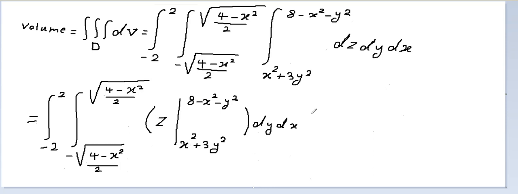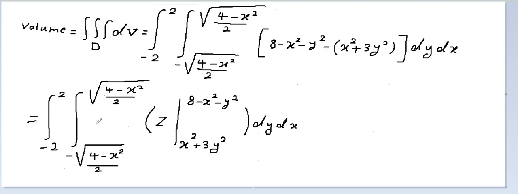So it means the value of z when z equals this minus when z equals this. Since the space is not enough, we have to erase here and move the calculation up here. So when z equals this minus when z equals this. You can see this is a double integral.